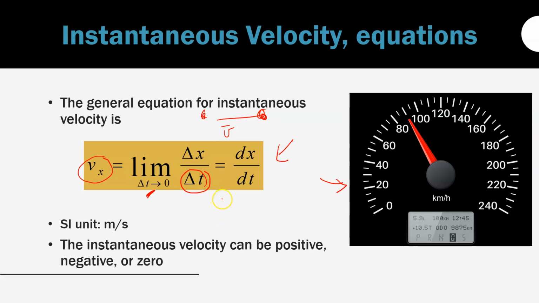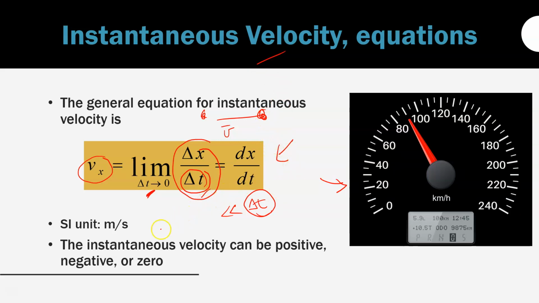So the notation here means that the ratio delta x over delta t is repeatedly evaluated for smaller and smaller time intervals. As delta t gets extremely close to zero, the ratio gets closer and closer to a fixed number, which is defined as instantaneous velocity.